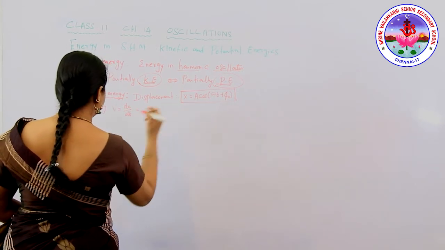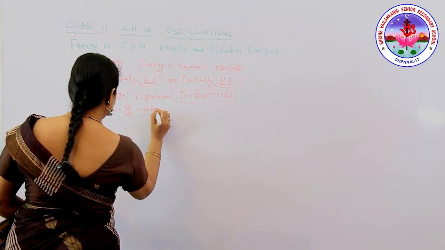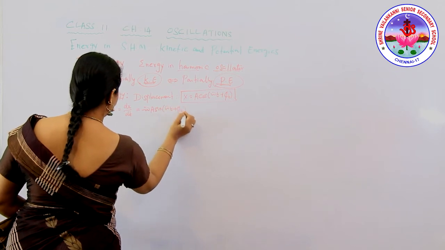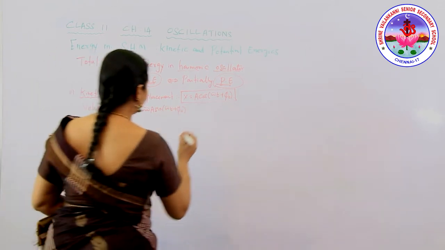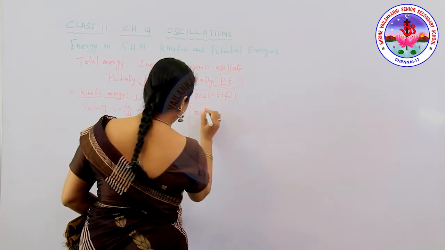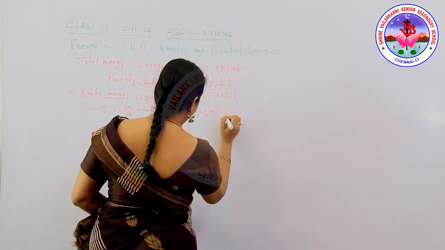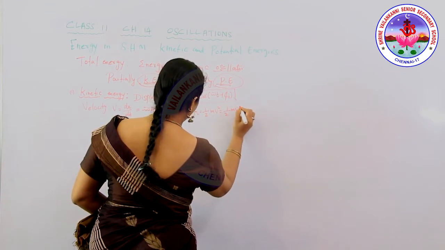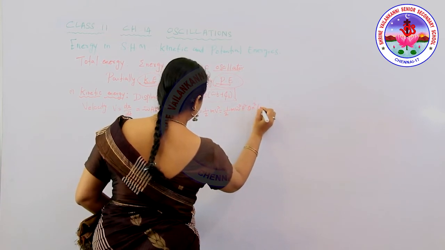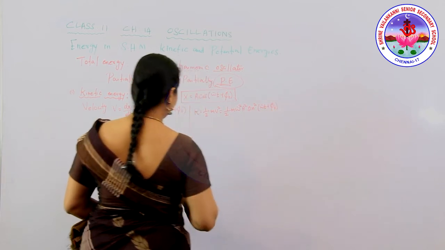We will get, after differentiating this, minus omega a sin(omega t plus phi naught), right? Now you will get for K which is equal to half m v square, then half m omega square a square sin square(omega t plus phi naught).